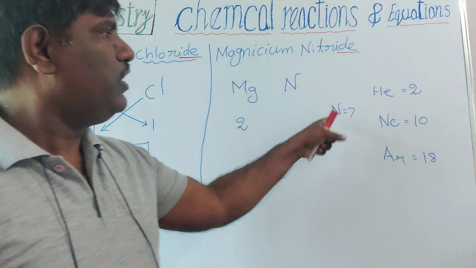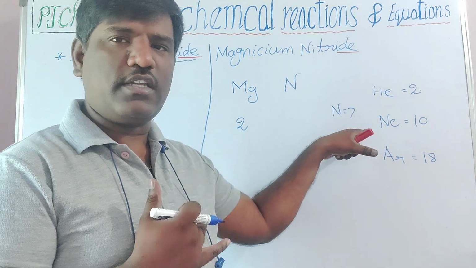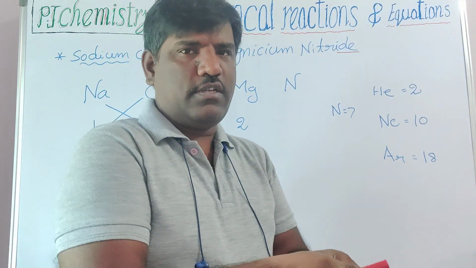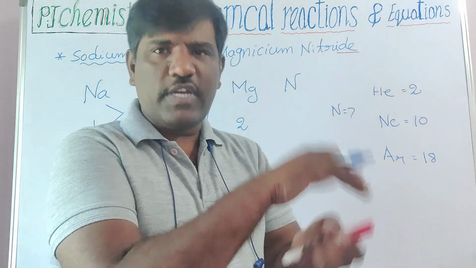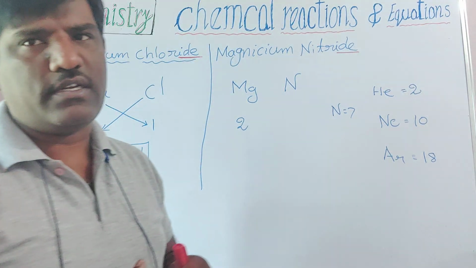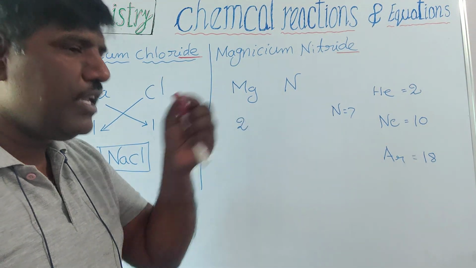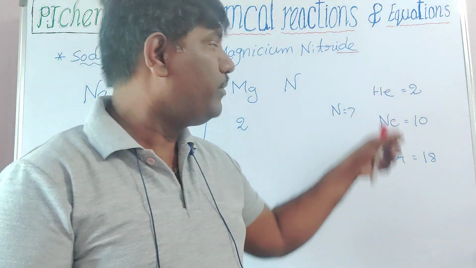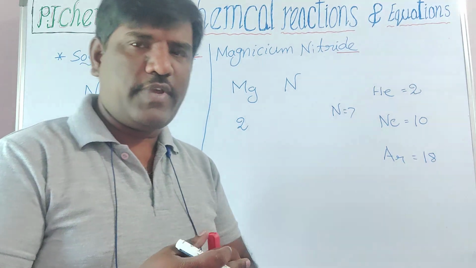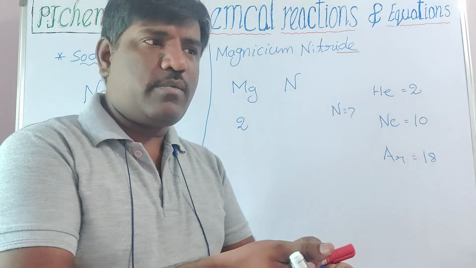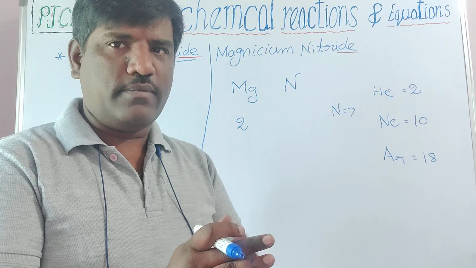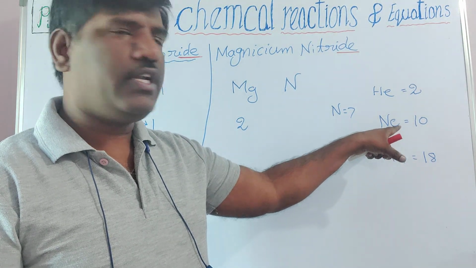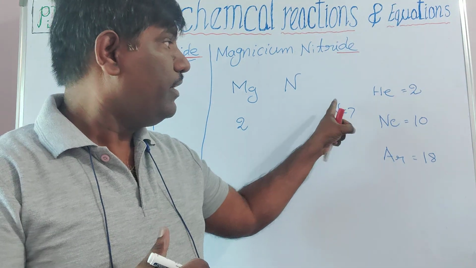So nitrogen, to get the stability of neon, gains 3 electrons. To get the stability of helium, it would have to lose 5 electrons, which is very difficult. So it is easy to gain 3 electrons. Whenever you have this confusion, why can't we go for helium or argon, cross verify: how much to lose, how much to gain to get stability.